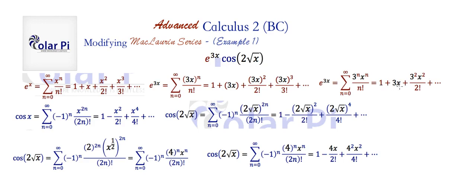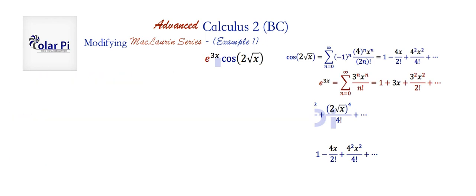Well, multiply this by this, right? And that's how we're going to do it. Now, let's write a reminder of what the cosine 2 root x Maclaurin series is, because we definitely need space. I'm going to have to get rid of the one written down here at the bottom.